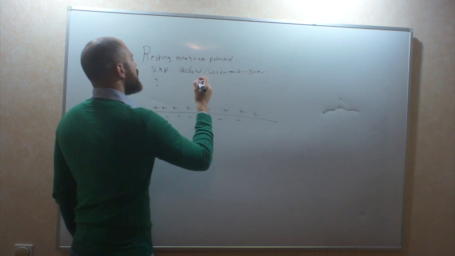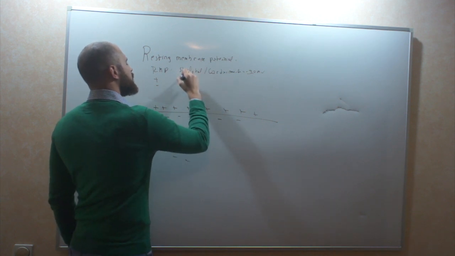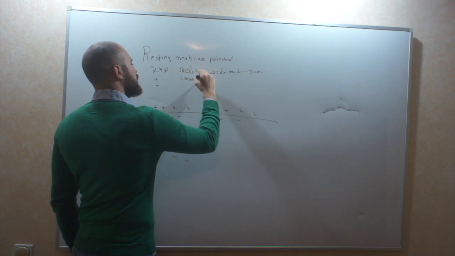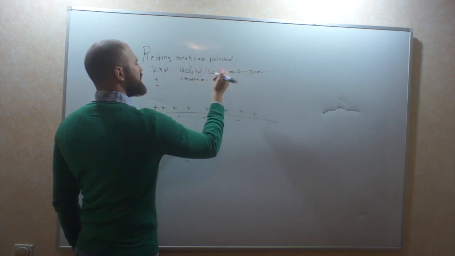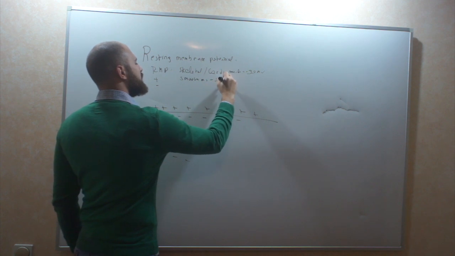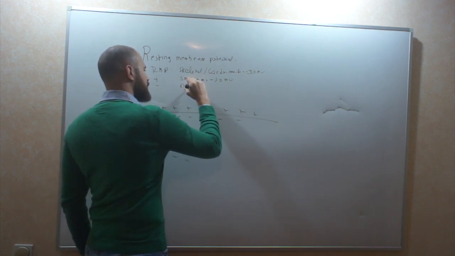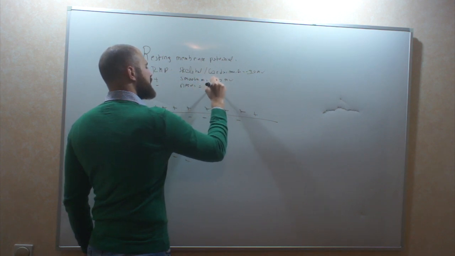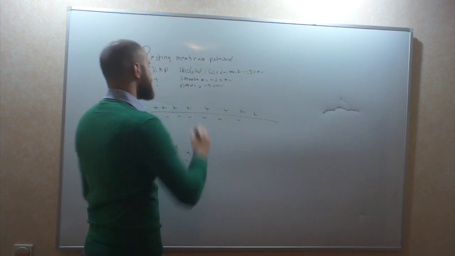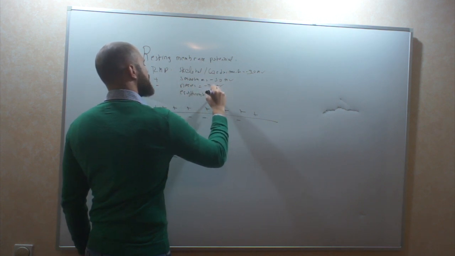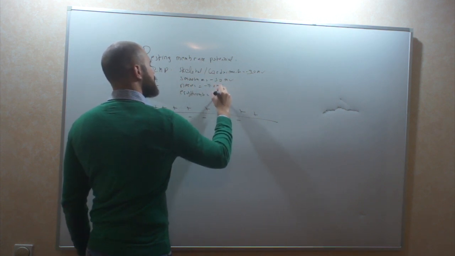So for smooth muscle cell, it's minus 50 millivolt. For nerves, it's minus 70 millivolt. For erythrocytes, red blood cells, in case you don't know, it's minus 50 millivolt.